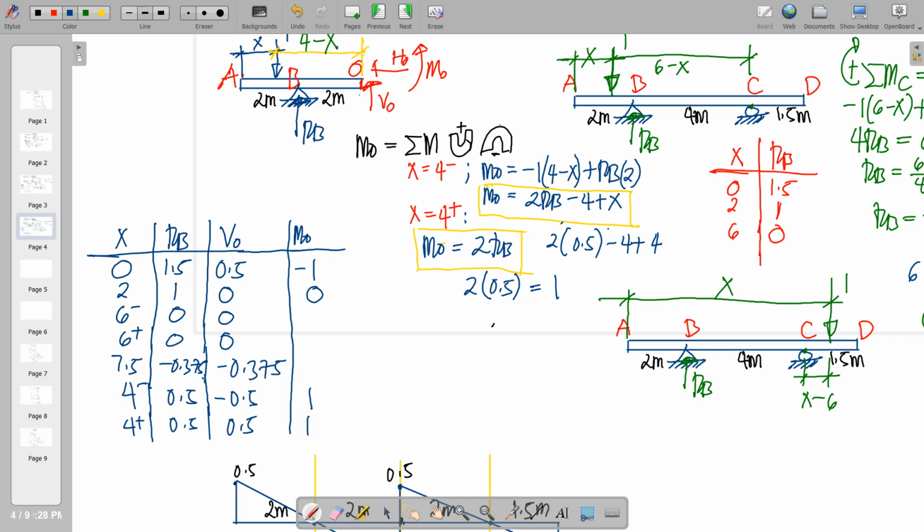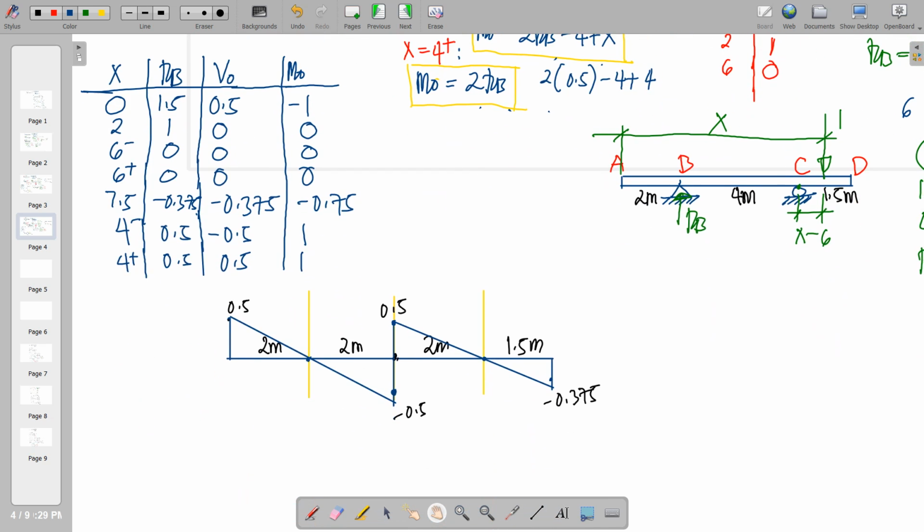Okay. And then if we have x is equal to 6, we're gonna use this one, 2 times RB. So we have 0 for that. And then x is equal to 7.5. We use still this 2 times RB. 2 times negative 0.375 is negative 0.75.